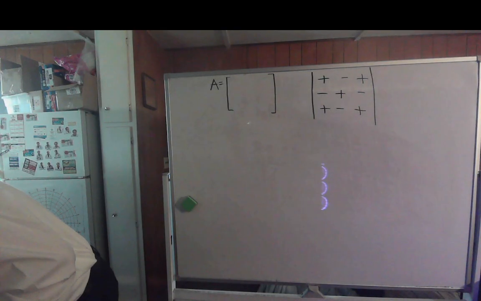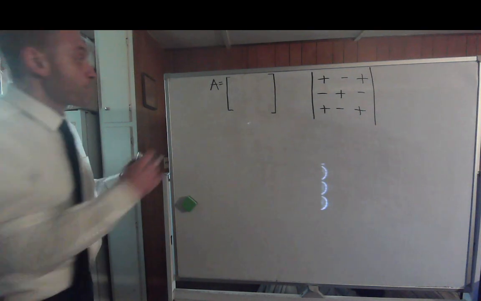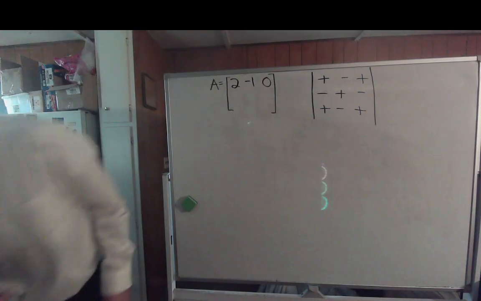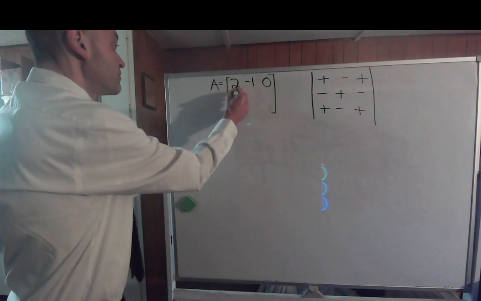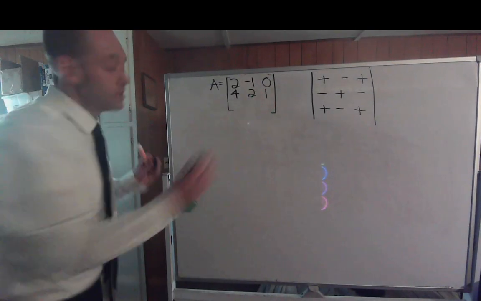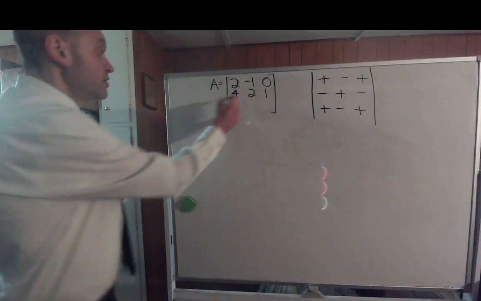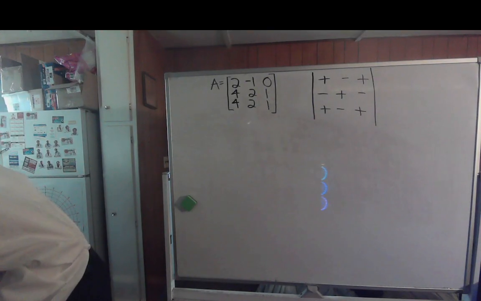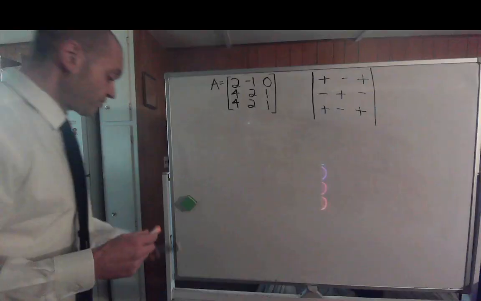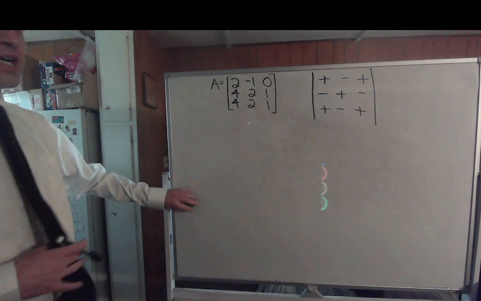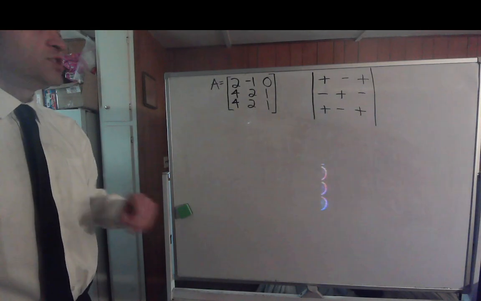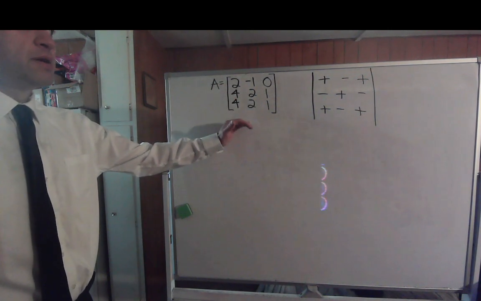We have 2, -1, and 0. 4, 2, 1. 4, 2, 1. All right, and you're going to be happy with this trick because you are allowed, as I said, to find the determinant using any row or any column.